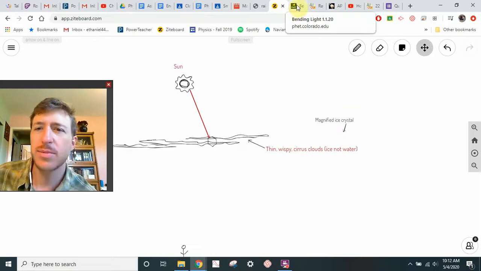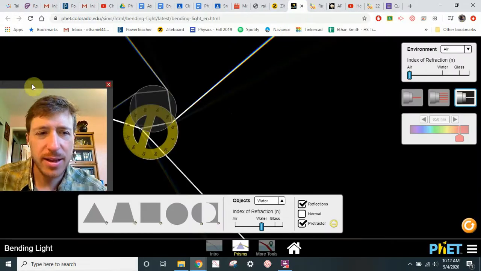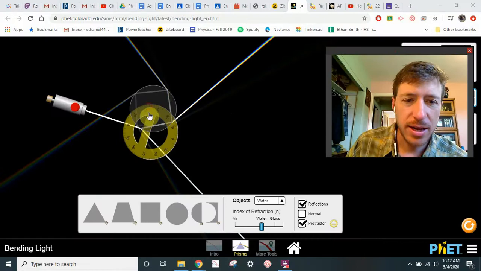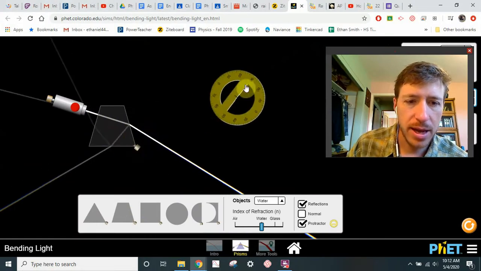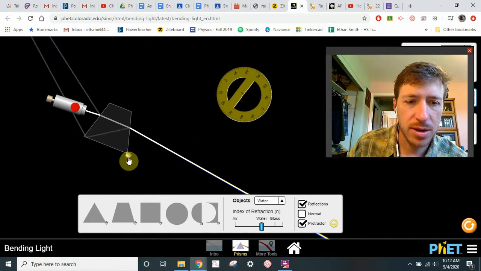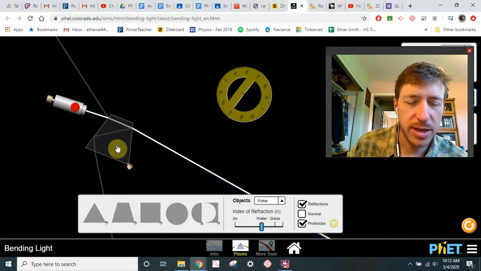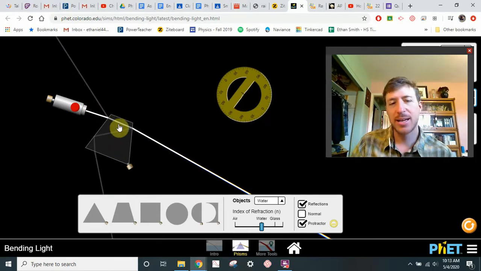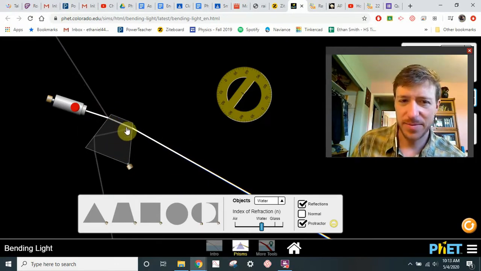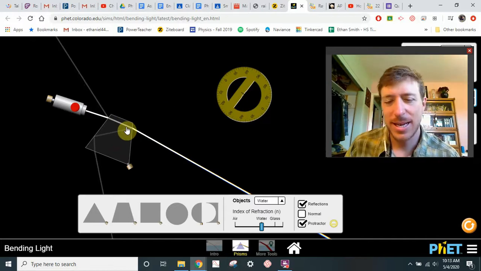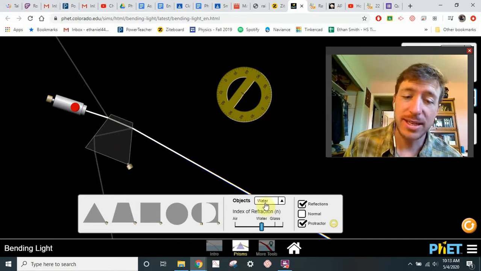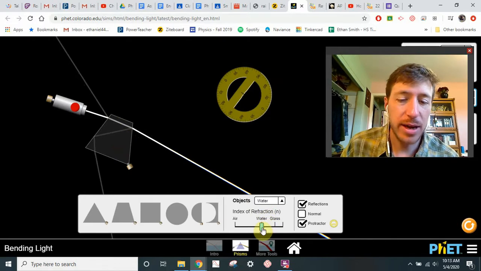Well, we can approximate this in this PhET simulation using, instead of that, this guy. And if I turn this guy like this, it approximates about one side of that hexagon. It's close to it. It's not perfect by any means. Now, one thing of note is that the index of refraction of ice is a little bit greater than that of water.